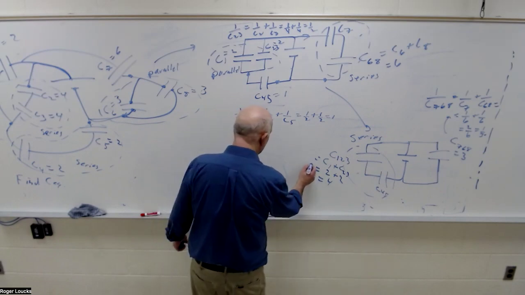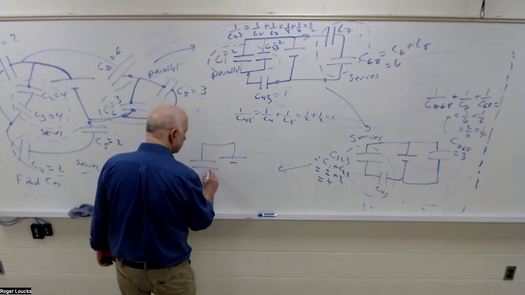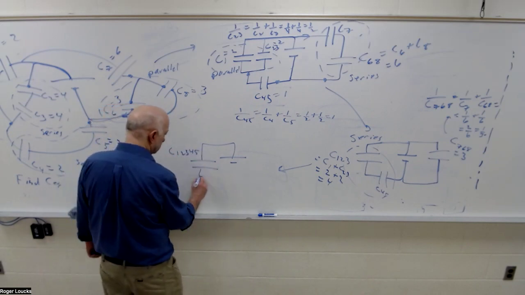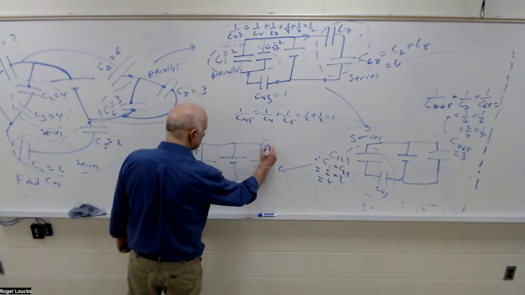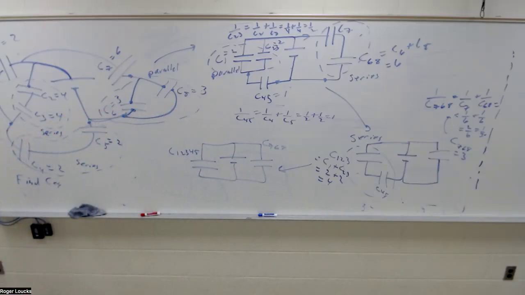So let's redraw that picture. What is the value for C 1, 2, 3, 4, 5? Yeah, actually, really, what is it? So what is our C 4, 5? 1.